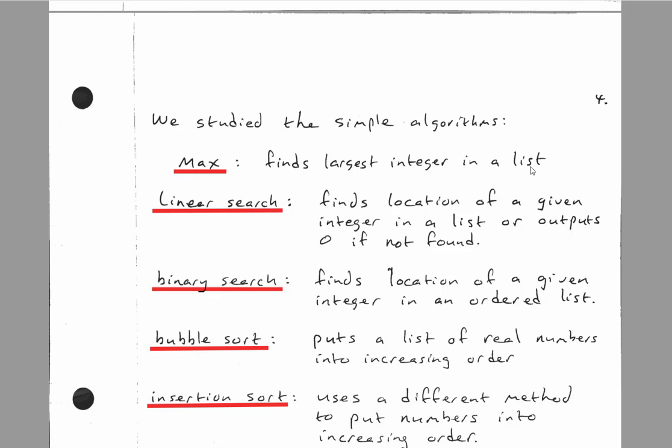So the input is a list of integers, and max just used a simple for loop to step through the list, and if it found a bigger number than the one it had stored, it replaced the stored number with that bigger one, and just kept going until it got to the end of the list.